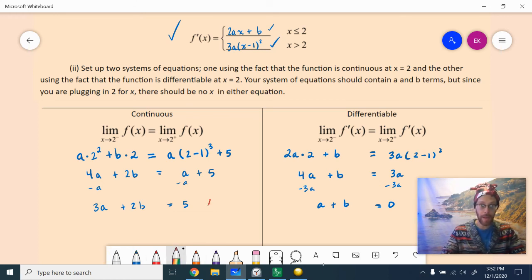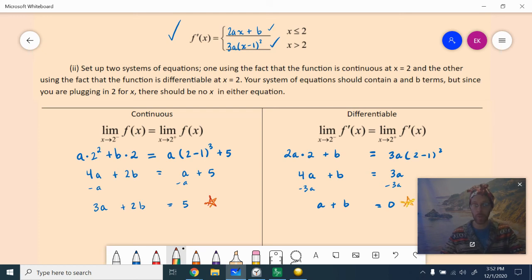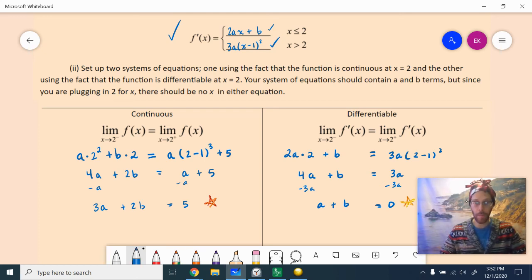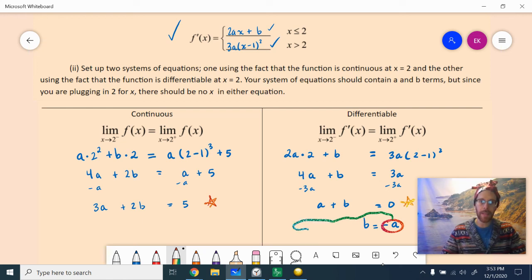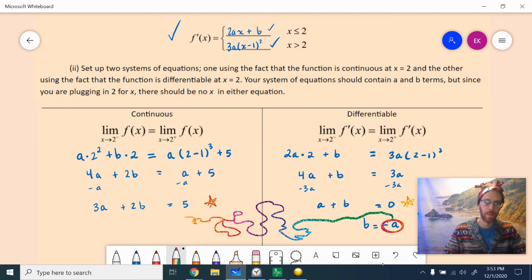So here we go. Now look at what we've got. Here's a linear equation. Here's a linear equation. We can make a system out of those two equations, and we can solve. Almost done. I'm going to solve this one for b. It doesn't really matter what you solve for, but I'm choosing b. So b will be equal to the opposite of a. I can copy it, bring it over here, and plug it in right there.